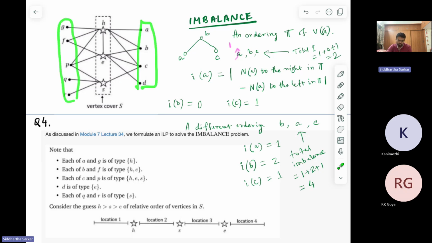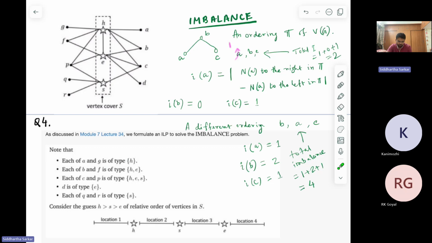So for the rest of the vertices which are outside of the vertex cover, check that each of them is connected to which subset of the vertex cover. For example, G is connected only to H and nobody else in the vertex cover. Similarly, A is also connected to only H. Therefore, A and G are of type H. That is the definition of type.